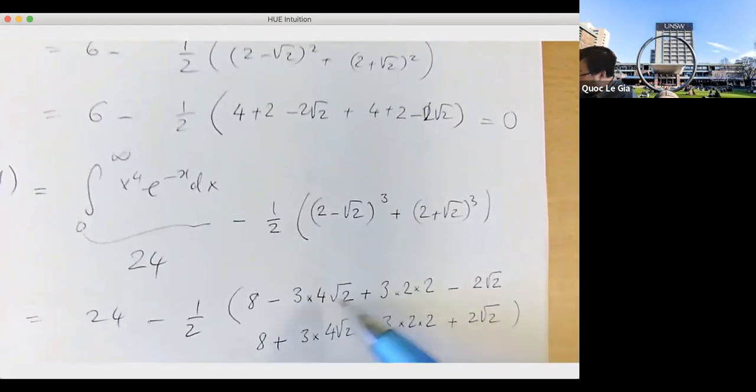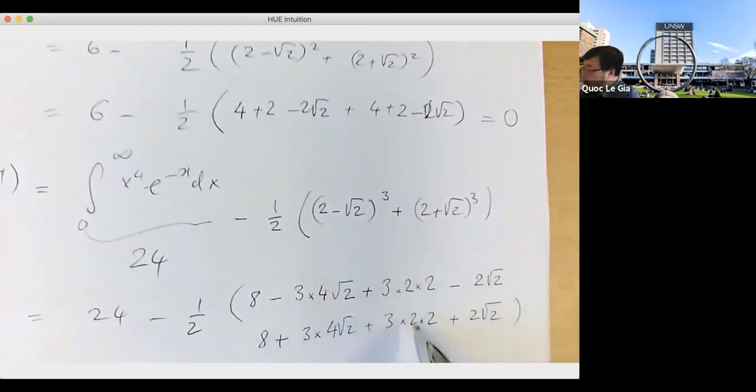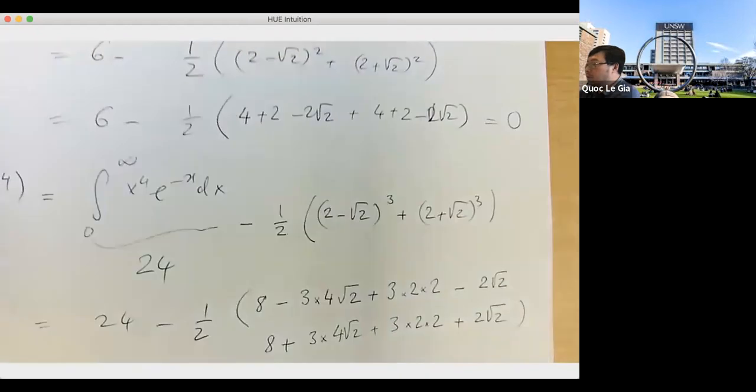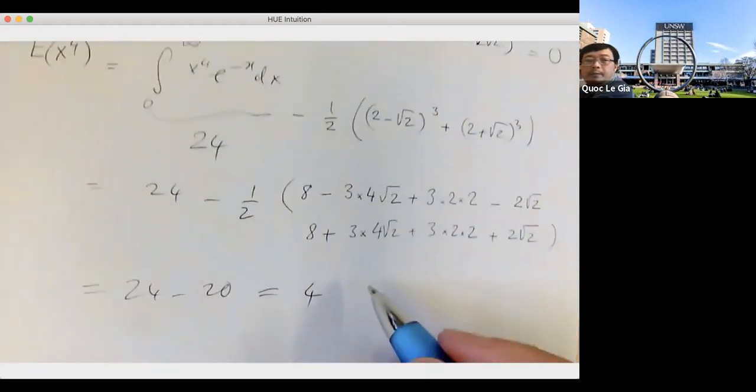Okay, so the root 2 got cancelled. And what you have here is just plus 12, which is 20. Then 20 here, so 40 divided by 2, so 24 minus 20 equals 4, so non-zero.